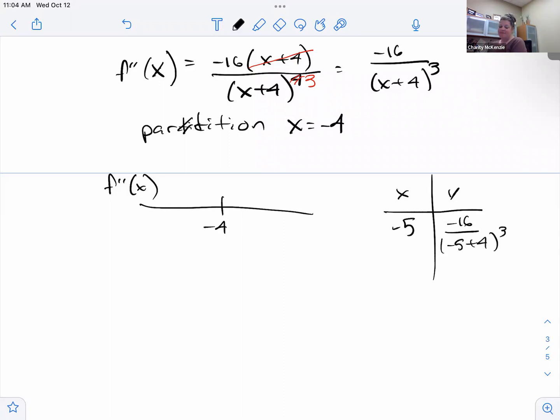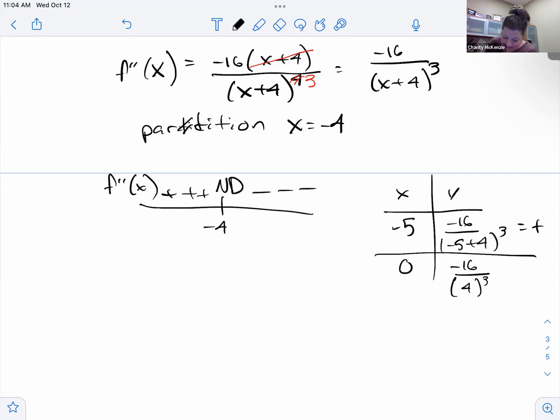That's a negative to the third, which stays negative, but a negative divided by a negative is a positive. So this section's positive, and this is again non-defined. We didn't have a 0 and inflection point. And then we would put in maybe a 0 because that's easiest. So I had -16 over (0 plus 4) to the third. Positive on the bottom, negative on the top is going to leave me a negative.